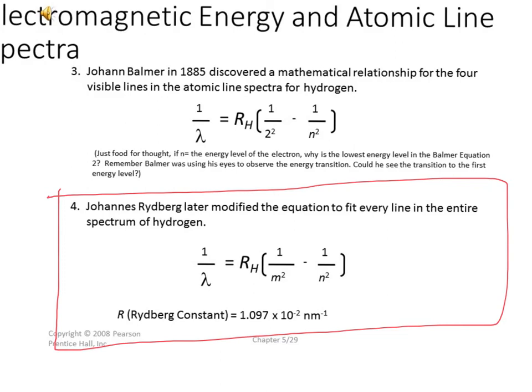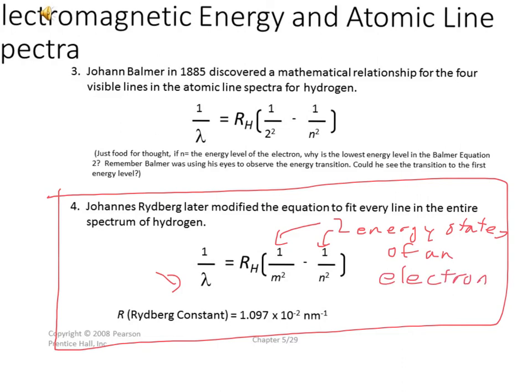Rydberg says that the inverse of the wavelength emitted as an electron moves between two energy states is equal to the difference of their multiplicative inverses squared times a constant.